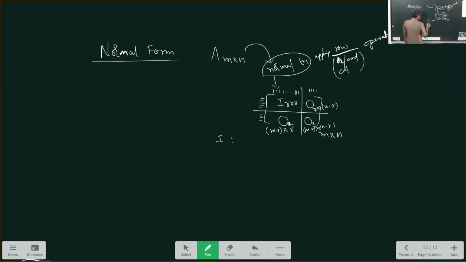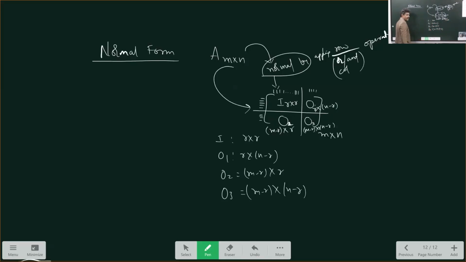The O1 is of order r cross n minus r. O2 is of order m minus r cross r. And O3 is of order m minus r cross n minus r. So this is how, by applying the row and column operations, I can convert the given matrix A into this standard form.